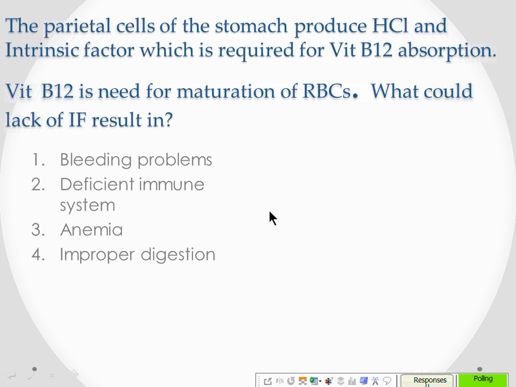Okay, the parietal cell produces HCl and intrinsic factor, which is needed for B12, and B12 is needed for maturation of red blood cells. What would happen if intrinsic factor is deficient?